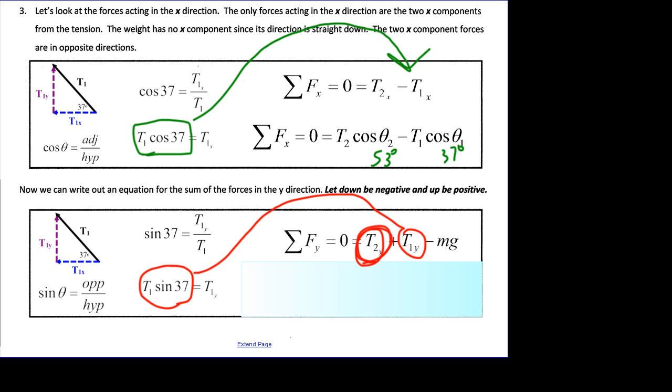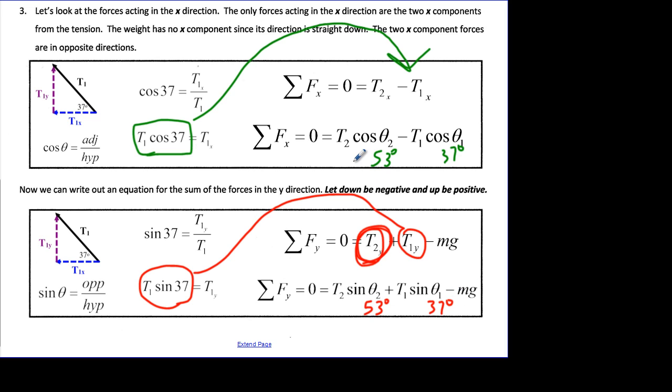So what we end up with is T2 sine, again theta 2 is 53 degrees, and this is, was it 37 degrees?